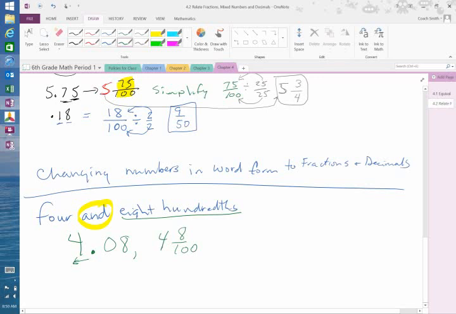Now, I believe they're going to allow you to keep it in that form. 8 over 100 would reduce down, but since they want you to name this specific number, they're going to allow you to leave it as 8 over 100.